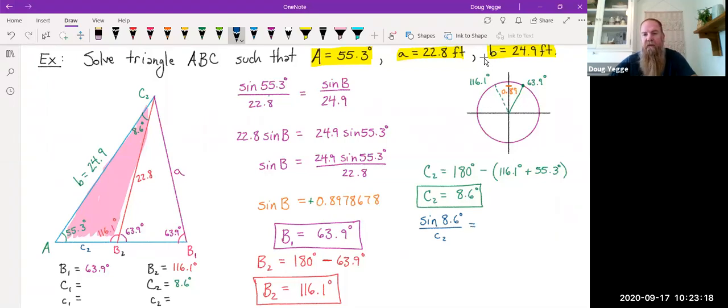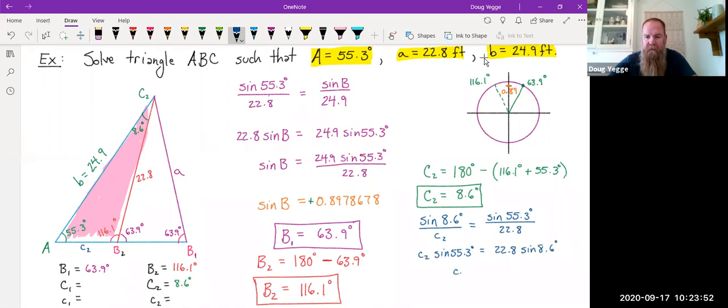And then we're going to use the full ratio that was given in the problem. So we're going to use angle A and side A. So we're going to say sine of 55.3 degrees over 22.8. We can now cross multiply to get c2 times sine of 55.3, and that's equal to 22.8 times sine of 8.6 degrees.